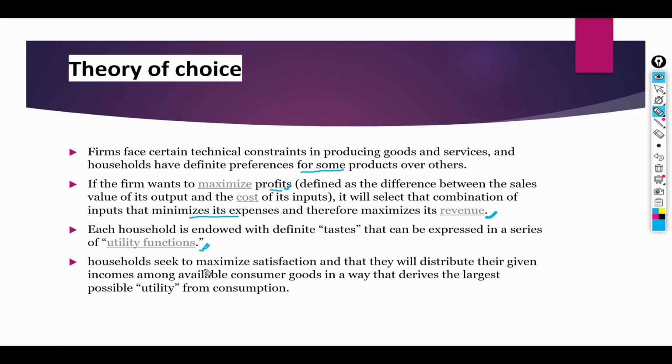So a household seeks to maximize satisfaction. What a buyer or household will do is maximize his satisfaction with the product, and distribute the given income among available consumer goods in a way that derives the largest possible utility from consumption.